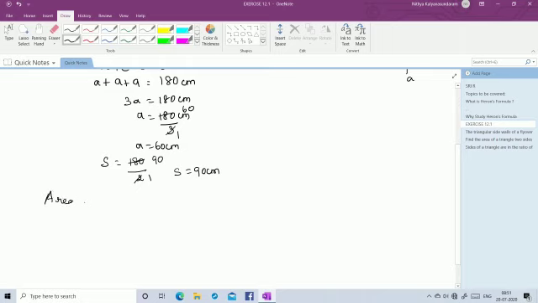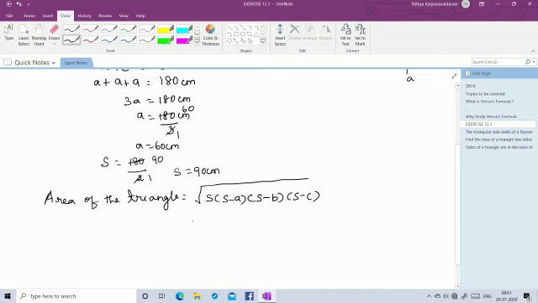Area of the triangle is equal to square root of s into (s minus a), (s minus b), (s minus c). So s is 90. 90 minus a, which is 60. All the sides will be equal, so a, b, c are all 60 centimeter.